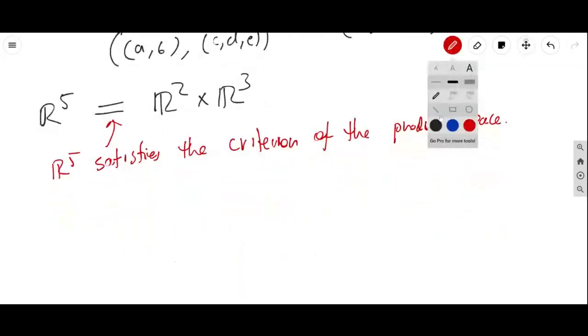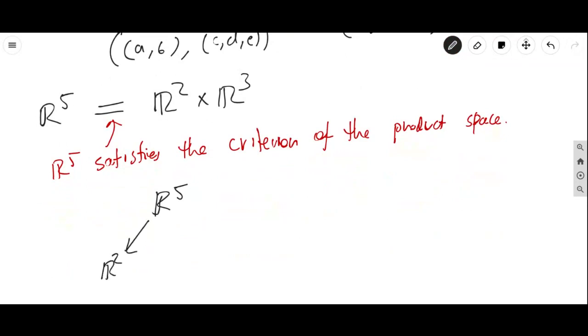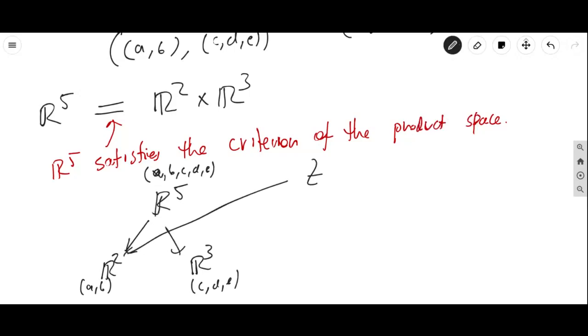There's a pair of maps from R5 to R2 and R3 where you're just dropping coordinates. If you have your coordinates a, b, c, d, e, here you're dropping the last 3 coordinates, here the first 2, and this is the optimal such projection mapping. So if there's any other space Z that maps to R2 and R3, it has to uniquely factor through R5.